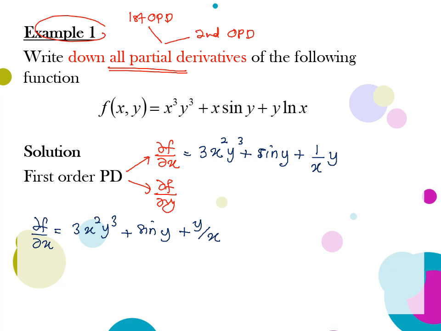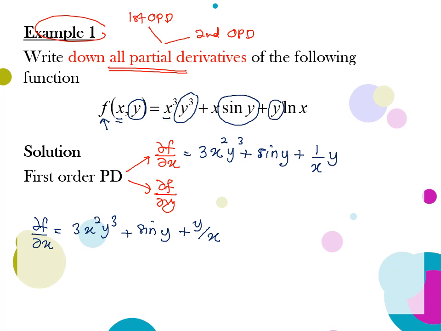Now we will differentiate function f with respect to y, and thus we will treat x as a constant. So where is variable y? We have y here, and y here.